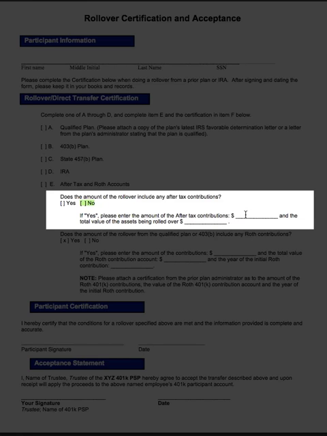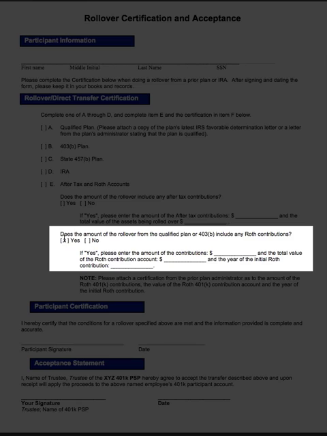So let's say that you have a rollover of $100,000, and of that, $5,000 was after-tax contributions. All you're going to do is in the first blank, you would put $5,000, and in the second, you would say $100,000. So it would read, the after-tax contributions were $5,000, and the total value of the assets being rolled over was $100,000. So that's if it was an after-tax contribution.